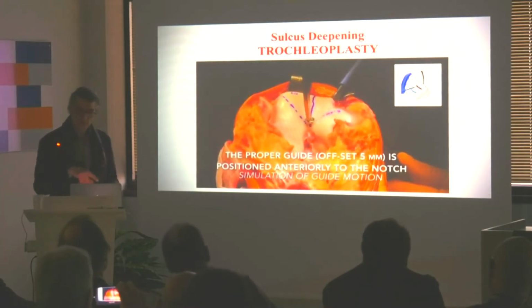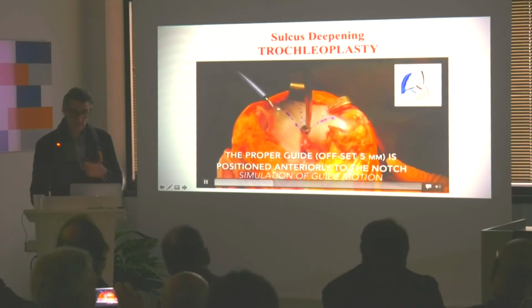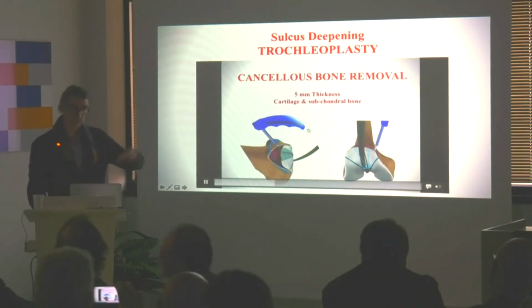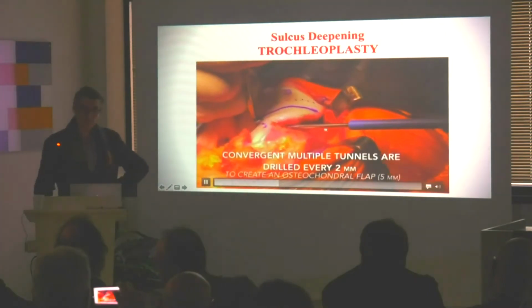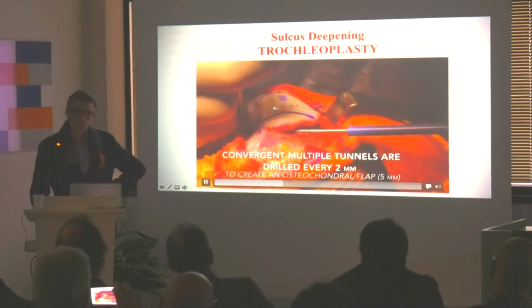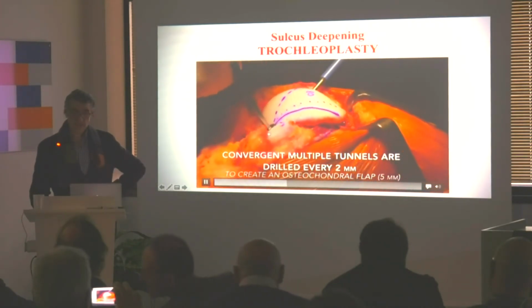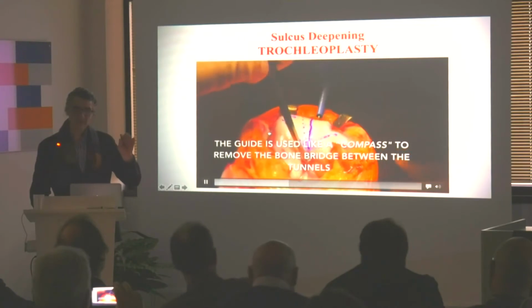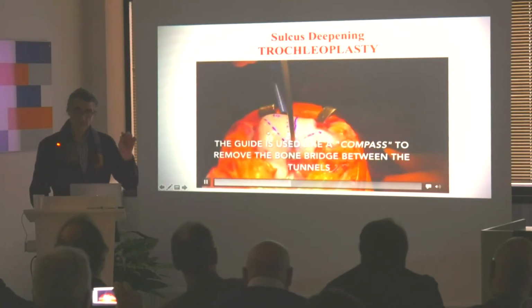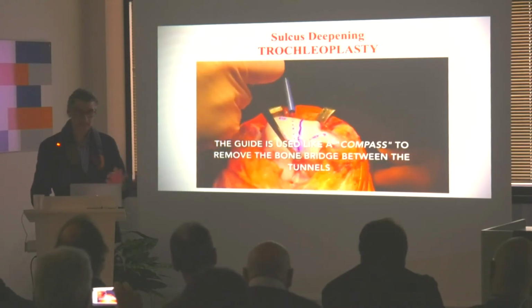So you have removed the spur, then you take this guide from Arthrex, and with this burr, you do some tunnels all around the trochlea, and you really have to go to the top of the notch, because the whole trochlea should be detached. And what is good with this guide is that you keep at least 5 millimeters thickness of cartilage, so no risk of necrosis. I never had any risk of necrosis.